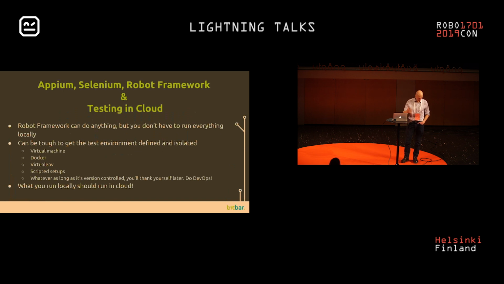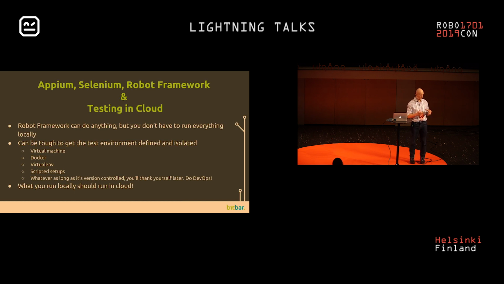You know that Robot Framework can be used for anything, but whenever you start to scale your testing, whatever you do with Robot Framework, the first problem becomes that it works on my machine, it doesn't work for everybody else. So then you have the keyword DevOps.